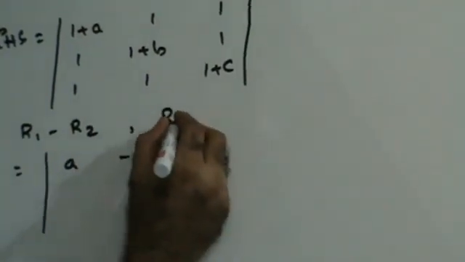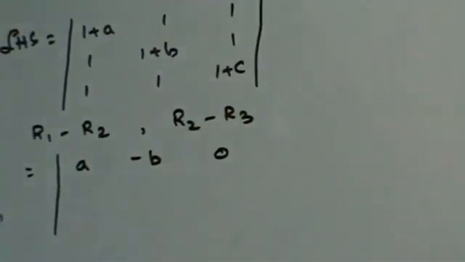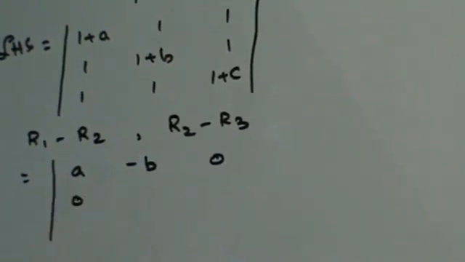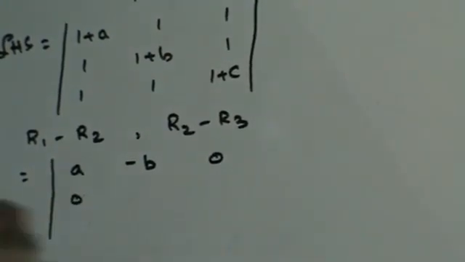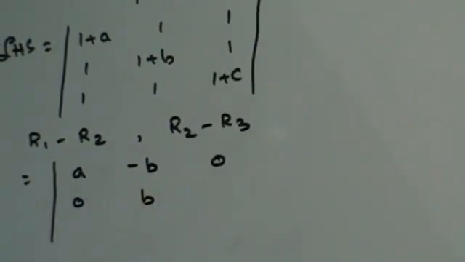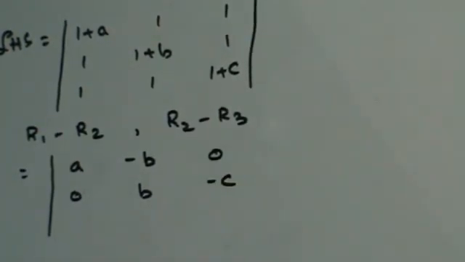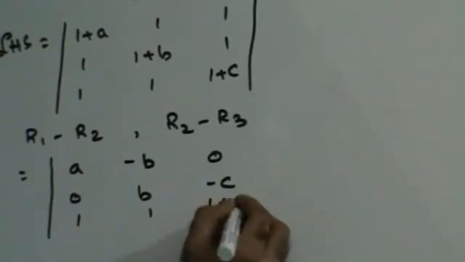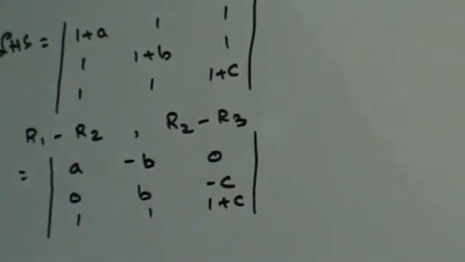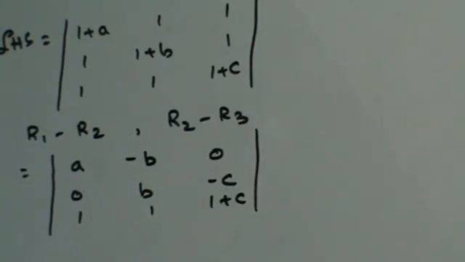In the same step I could do r2 minus r3. 1 minus 1, 0. 1 plus b minus 1 is b. 1 minus c is minus c. 1 1 1 plus c, right? So I have tried to get as many zeros as possible.